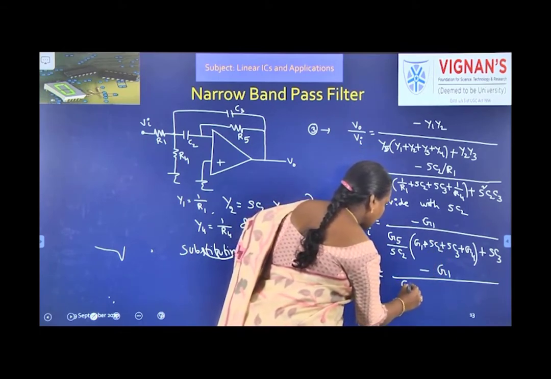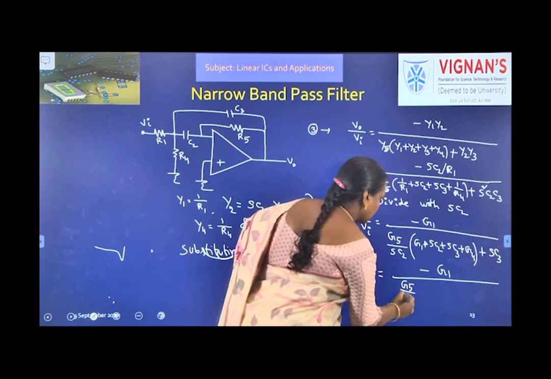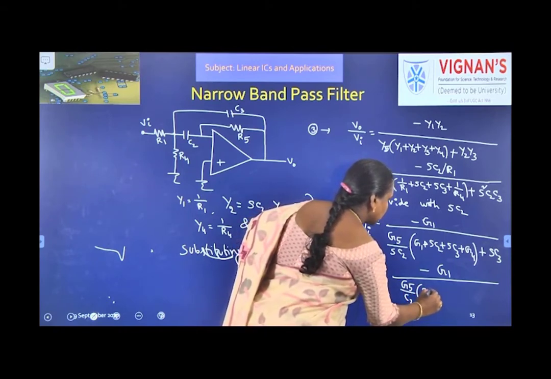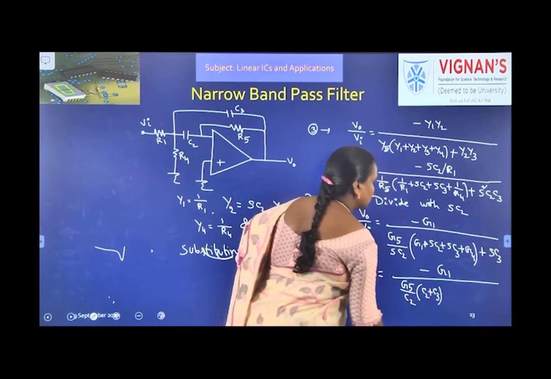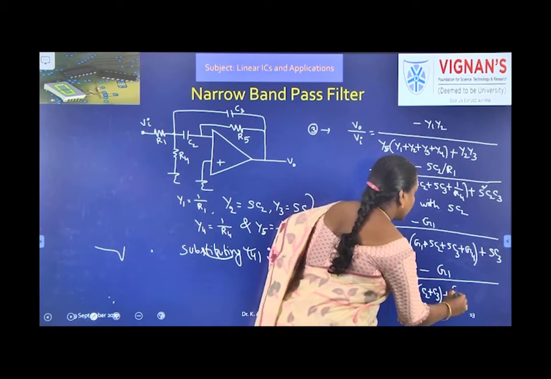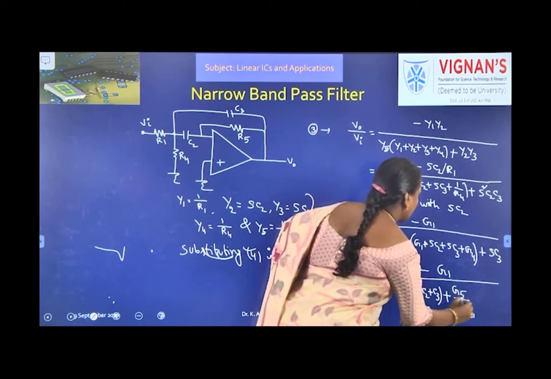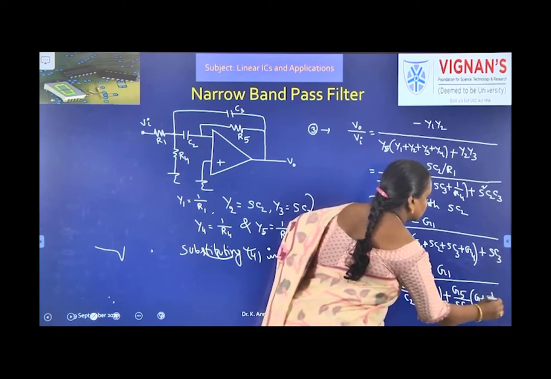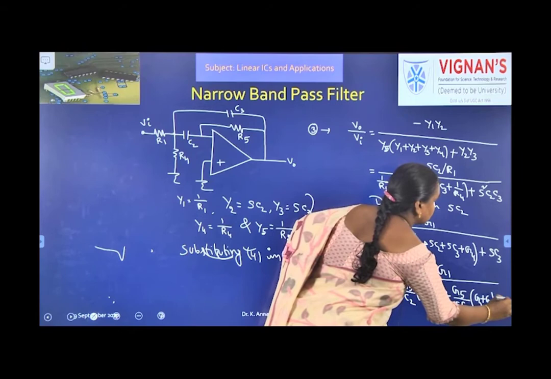So G5 by C2 into C2 plus C3, okay, plus G5 by SC2 into G1 plus G4 plus SC3.